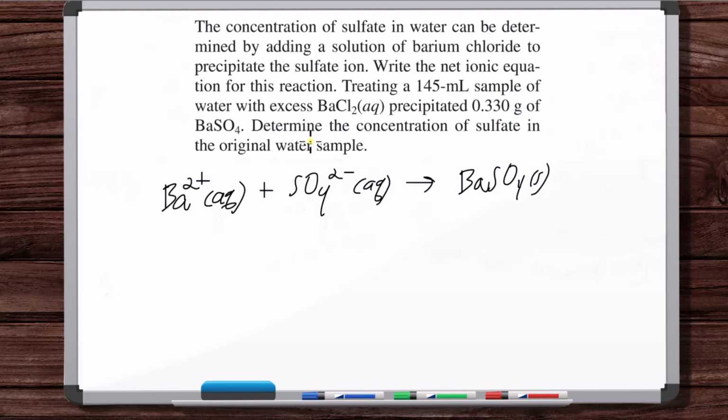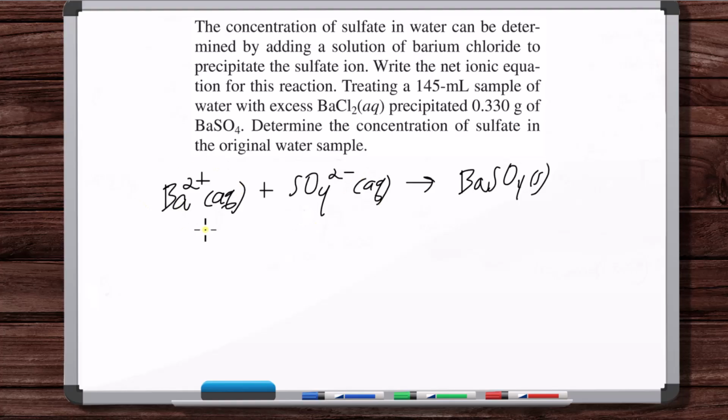With that, we want to determine the concentration of sulfate in the original solution. Well, this 145 milliliters they're giving us here is just to confuse you. All that matters is that an excess of barium chloride was added, meaning that all of the sulfate ions in the original solution were precipitated out.